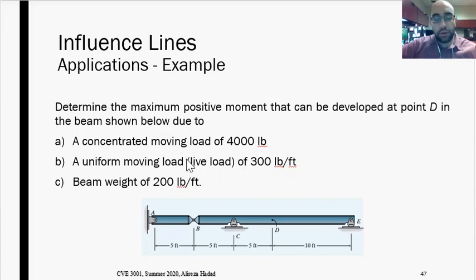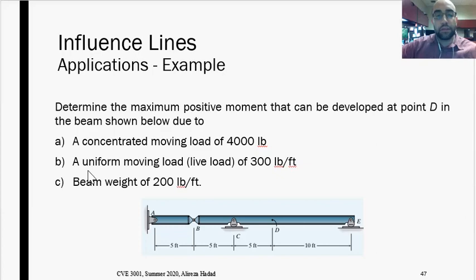Since these are moving loads, we can say all of these are kind of live loads because these are changing over time or during the application of the structure. And at the end, it is asking about a case of beam weight of 200 pounds per foot.